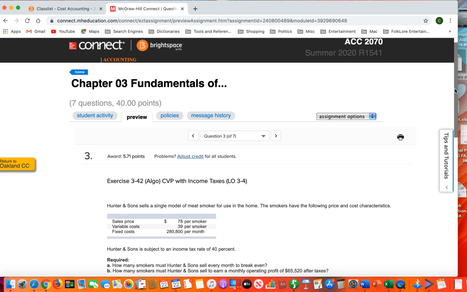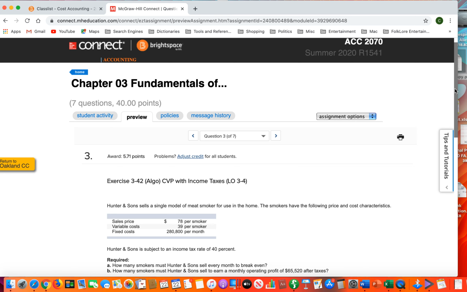Because if the tax rate is 0.40, then 1 minus the tax rate is 0.6. Then close the parenthesis. And then draw a line under all of that and put 39. So you're going to end up with a numerator of $390,000.